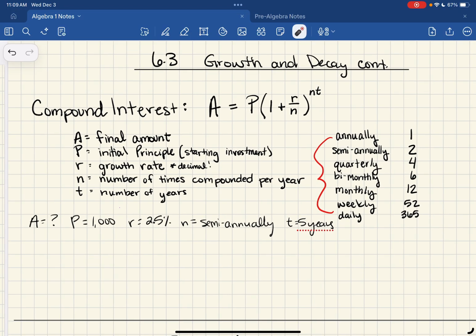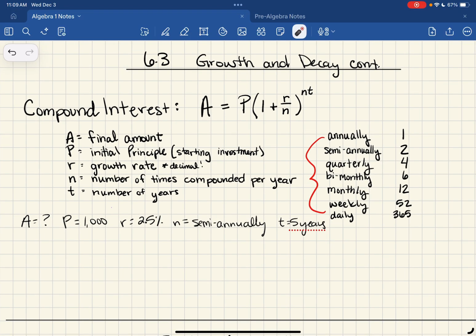I'm going to give you some values. We're going to plug them in and see how this works, because the math can be a little tricky since we're going to have some really big and really small decimals, but that's okay. So I want to find my final amount. If I start with $1,000, compounded semi-annually, so how many times? 2.